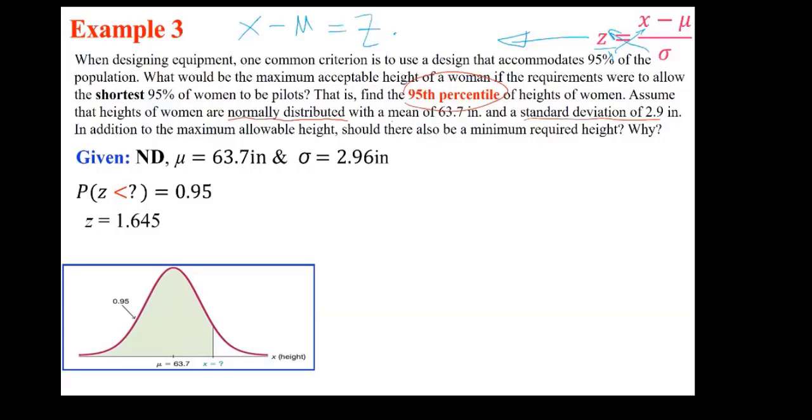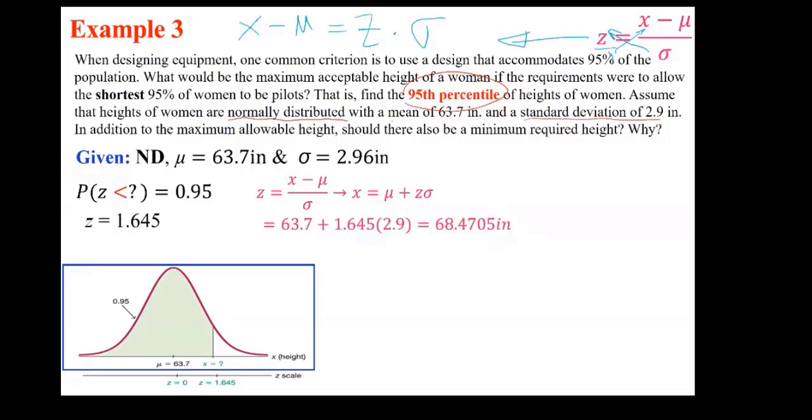And you can use negative mu, take it to the other side, make it positive mu, and you get X equals mu plus Z sigma. In other words, given the fact that Z equals X minus mu over sigma, the cross product results in X being mu plus Z sigma. That's a very simple case. Now you have a mu, you have Z, you have sigma, put it in, and it gives us the answer.